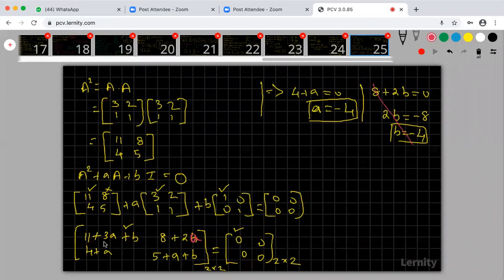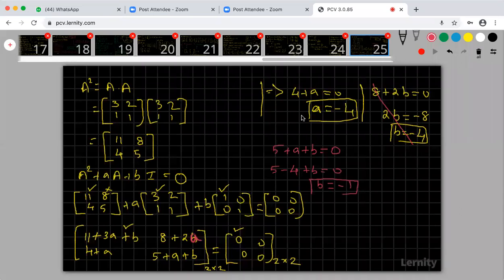Then what to do? Come to this one and compare. 5 plus a plus b is equal to 0. What is your a? a is minus 4, so 5 minus 4 is 1, plus b is equal to 0. So therefore your b is equal to minus 1.